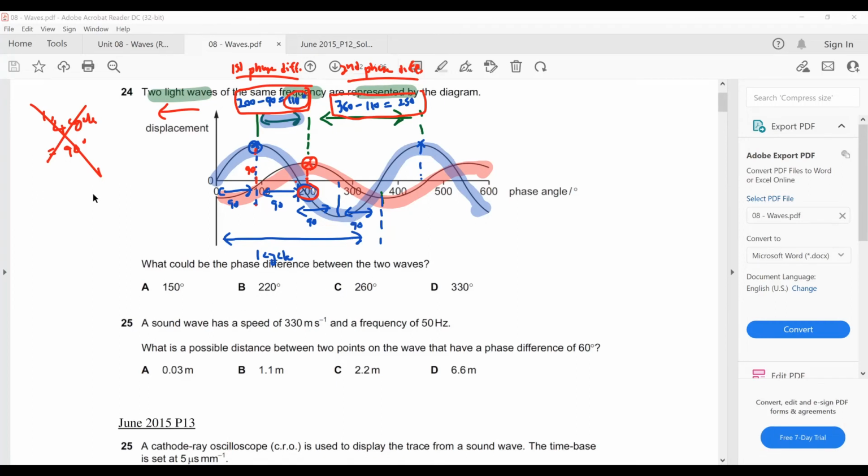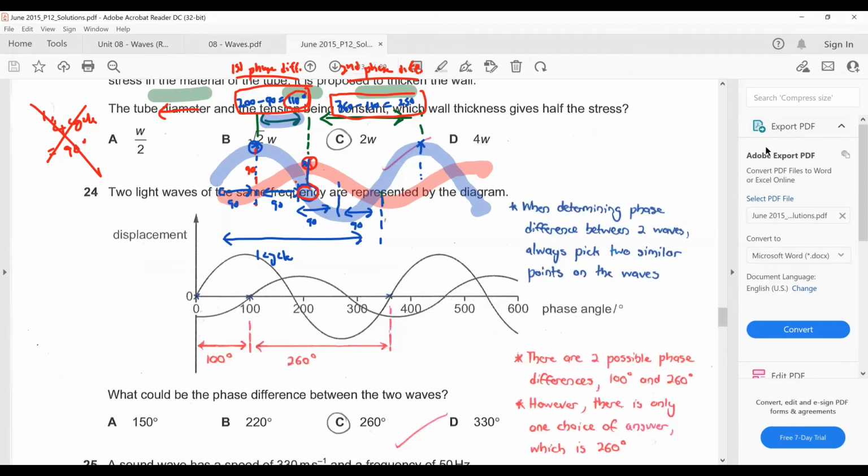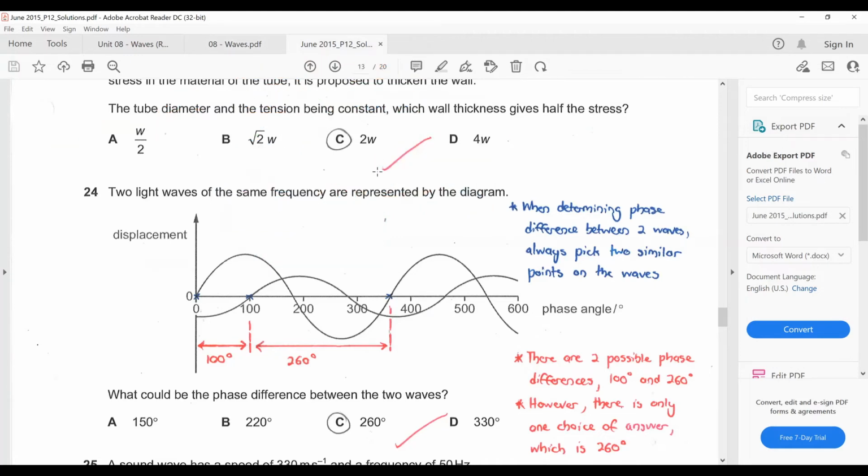The only way I can explain why is that 200 does not correspond to the crest directly. That is where the mistake came from. The actual way to do this would have been from here. Let me just clear. You should have picked another set of points. Instead of picking the crest or the trough, it would have been better to pick the equilibrium position.